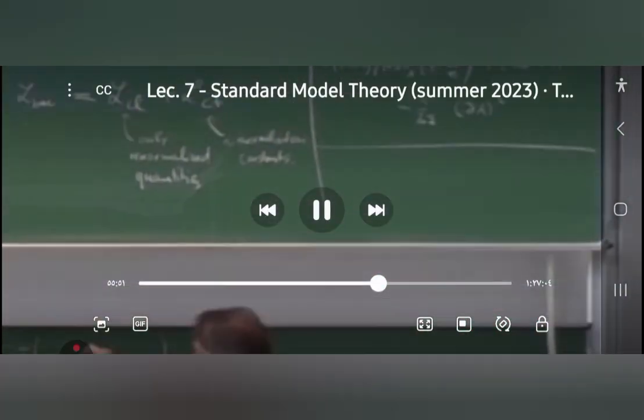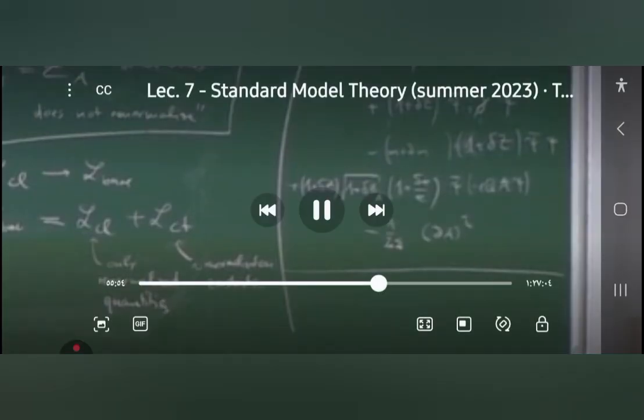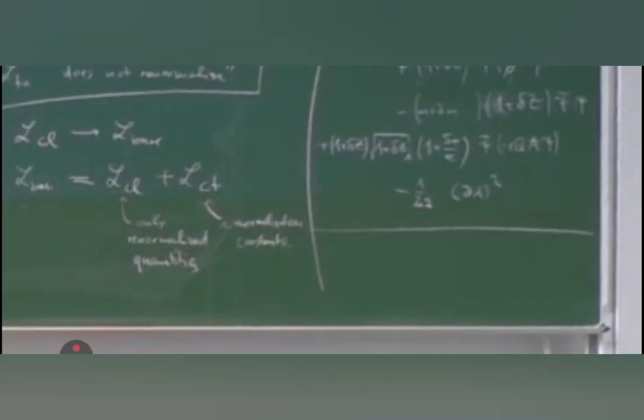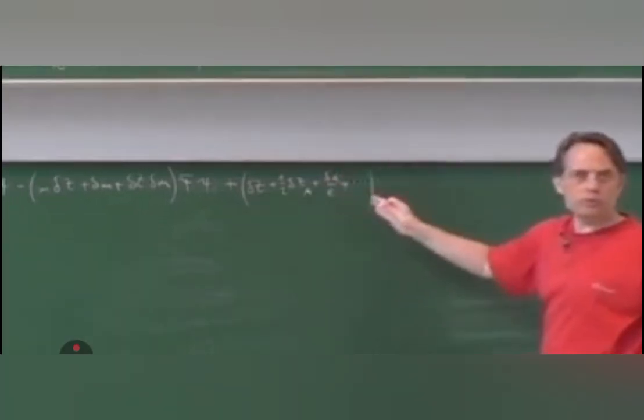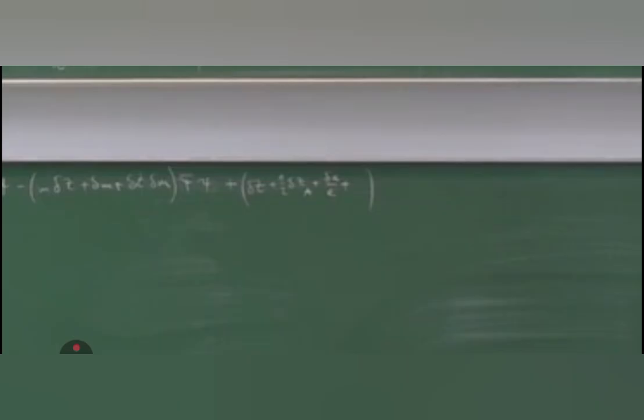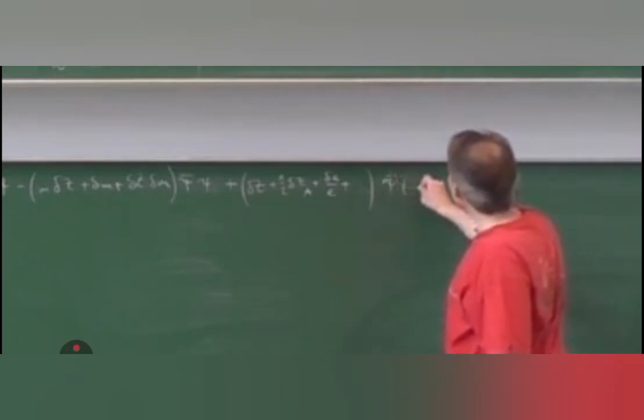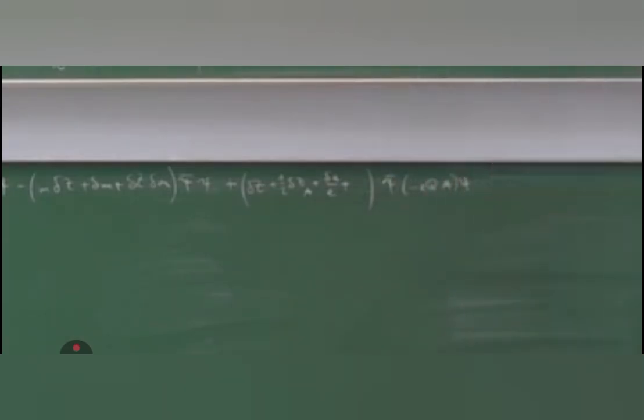Then we get delta Z plus 1/2 delta Z_A plus delta e over e plus dot dot dot, and the dot dot dot terms contain products of delta Z times psi bar minus e q A slash psi. And then from the gauge fixing, there is nothing in the counter term Lagrangian, because this term is fully renormalized, and therefore it goes into the classical part, and the counter term Lagrangian contains no term involving the gauge fixing.